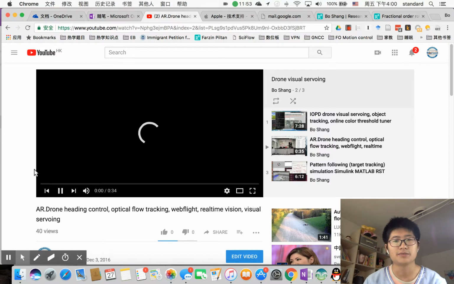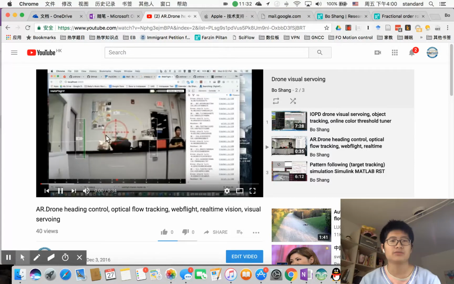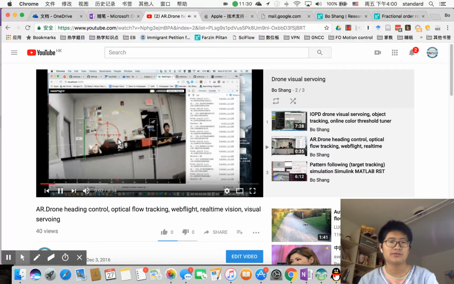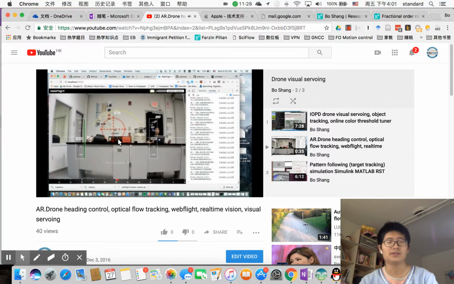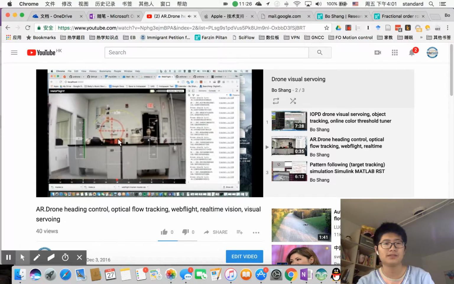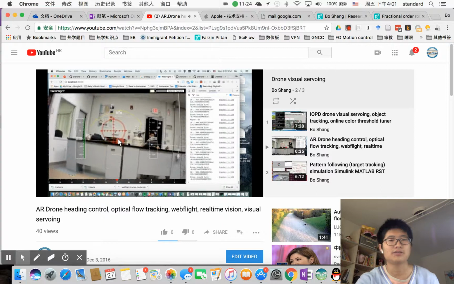That means if we use the mouse to click some target, then the image processing technique can focus on that target, even if the drone goes forward, backward. And then when the target moves, the drone can focus itself, change its heading to just head to that target.